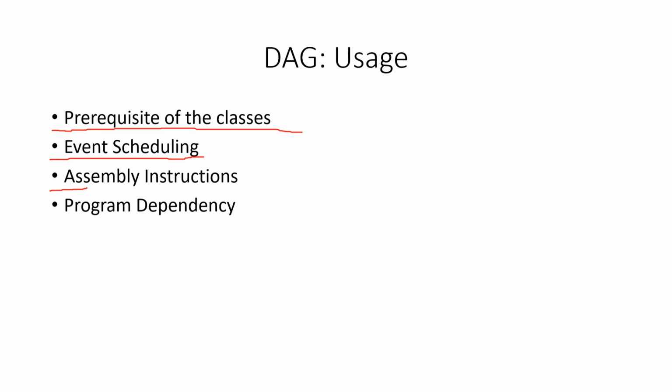Next is assembly instructions. Let's say you get a bike, and the bike comes to you in pieces. In order to assemble that bike, you need to read the instructions, and in those instructions you need to assemble the details one after another, and the specific ordering of the assembling is very important, right?